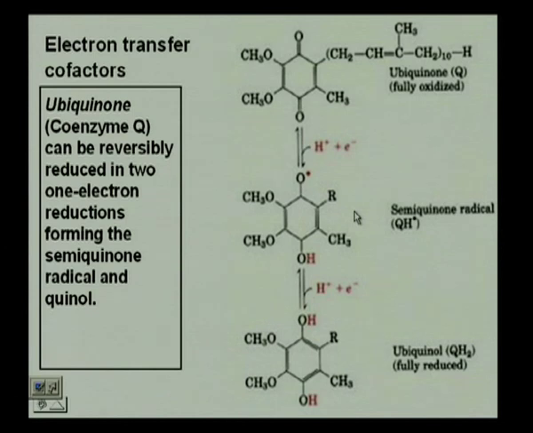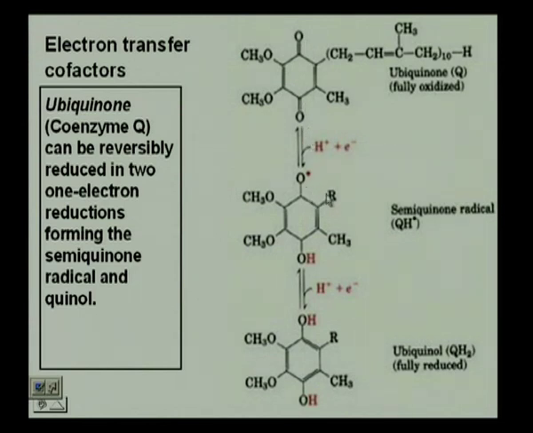Another electron transfer cofactor that is extremely important is ubiquinone. Ubiquinone is also known as coenzyme Q. The structure written on top is the total ubiquinone, also referred to as just Q. You have a quinone moiety, as you can see here.